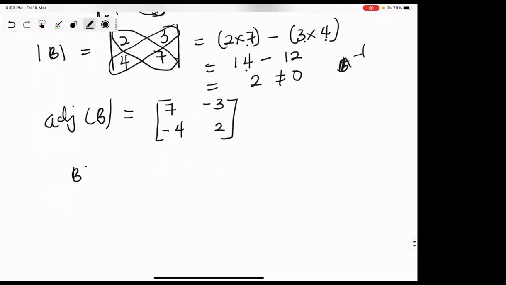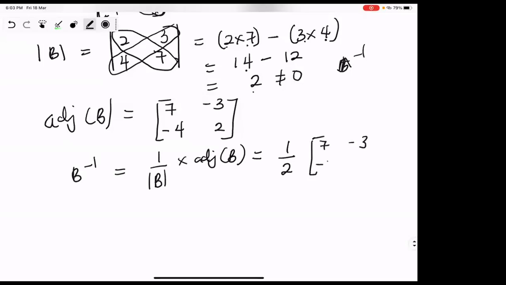The inverse of the matrix is equal to 1 over the determinant of the matrix times the adjoint of the matrix, which is 1 over the determinant, 2, times the adjoint, which is 7, minus 3, minus 4, 2.